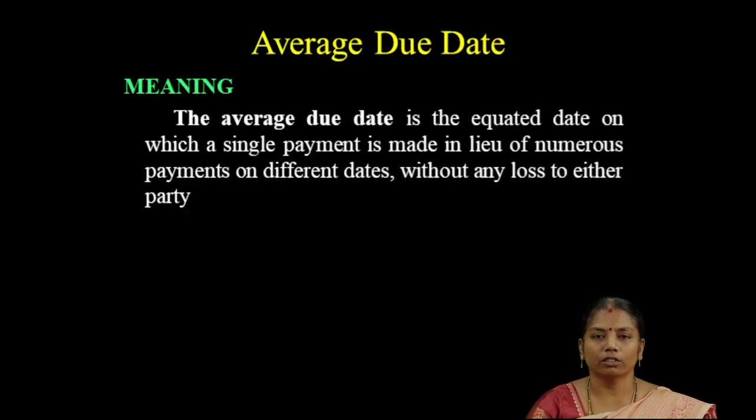That date is called the average due date. The average due date is the equated date on which a single payment is made in lieu of numerous payments on different dates without any loss to either party.